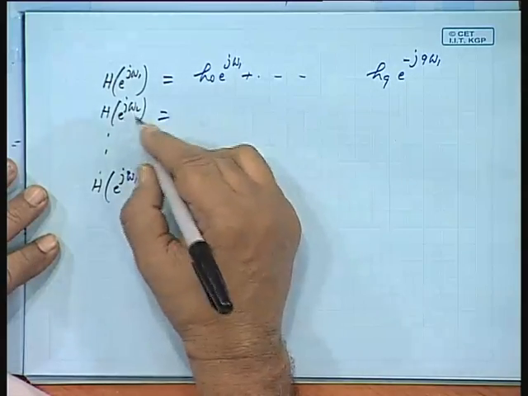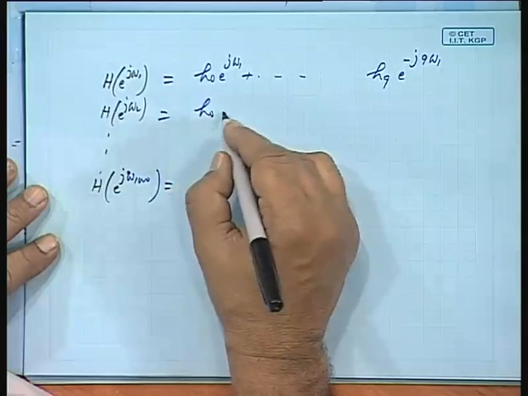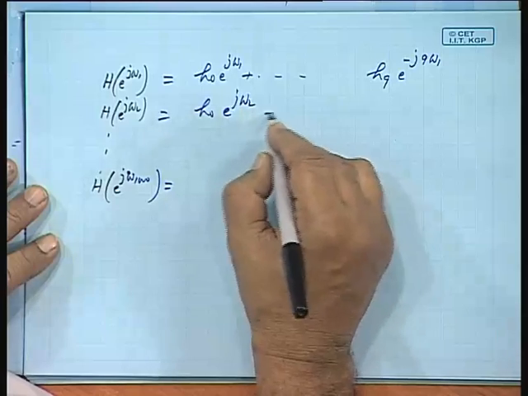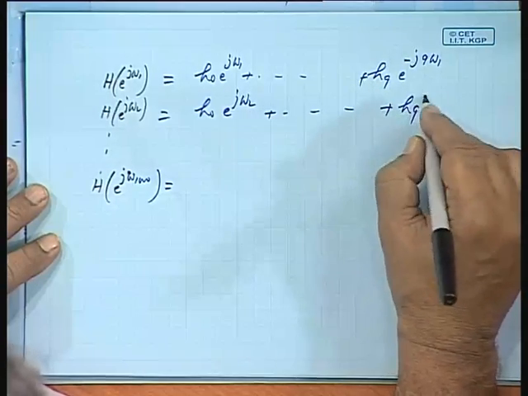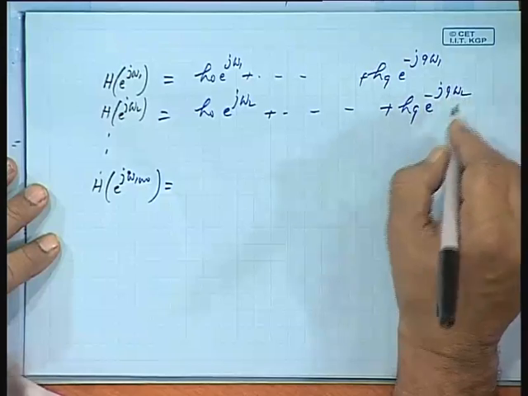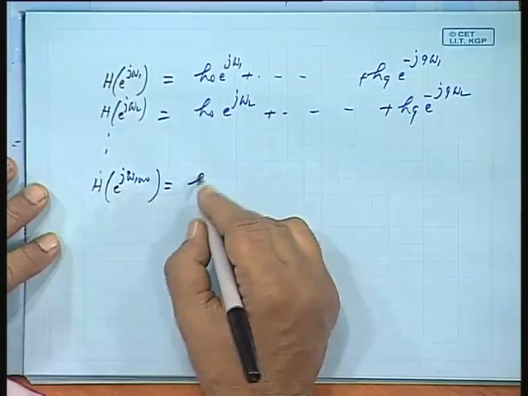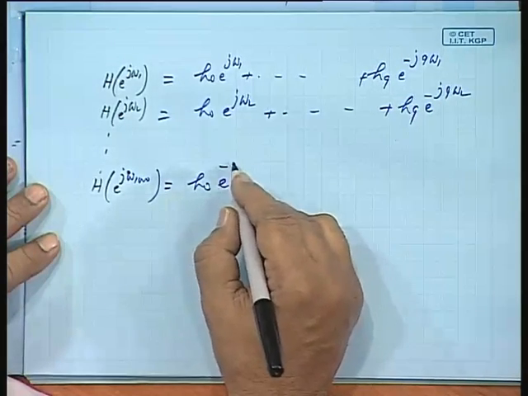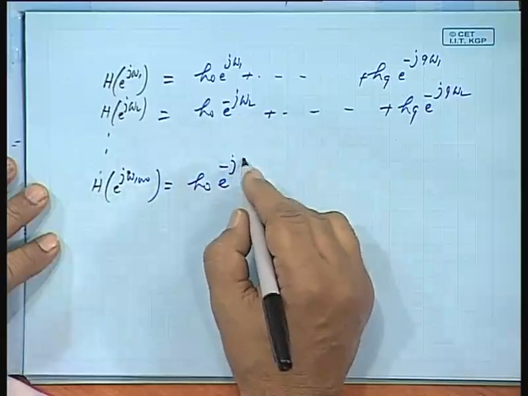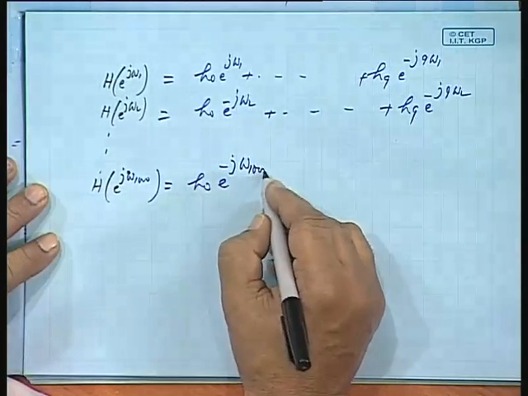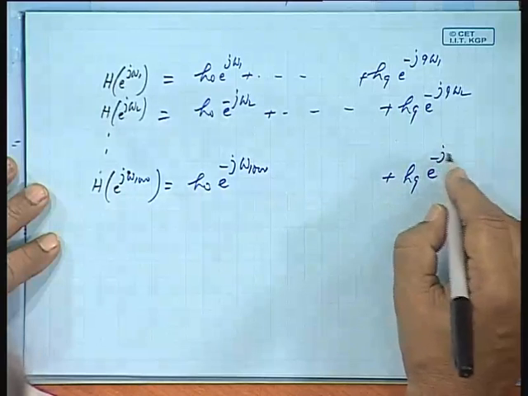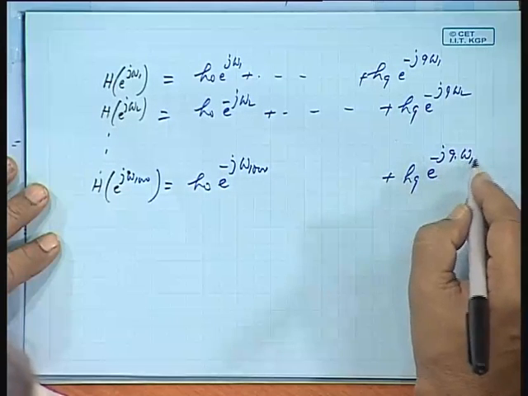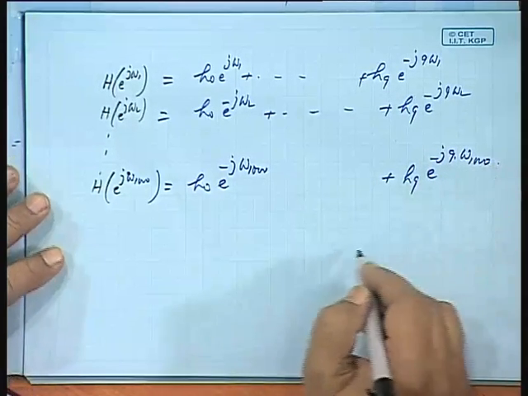Similarly, H at j omega 2 as H0 and so on, up to H9 e to the power minus j 9 omega 2. Similarly, this one will be H0 e to the power minus j omega 1000 plus H9 e to the power minus j 9 into omega 1000 and so on.